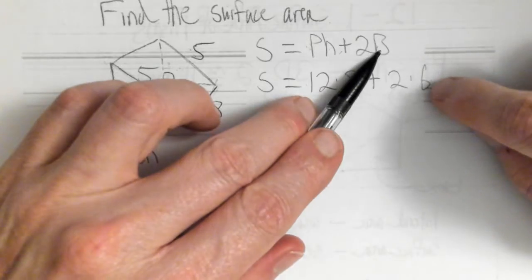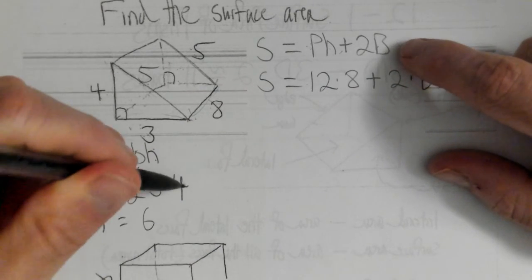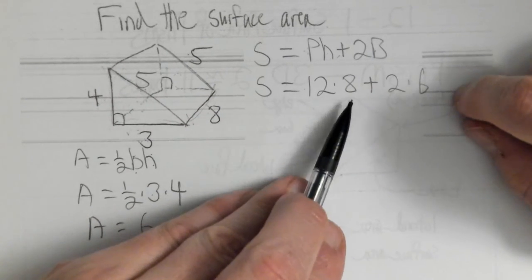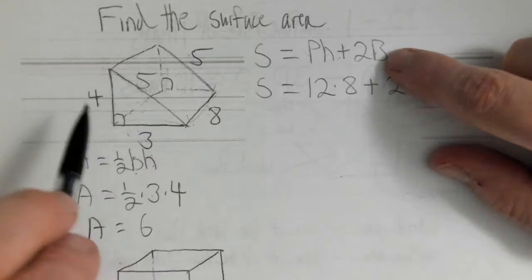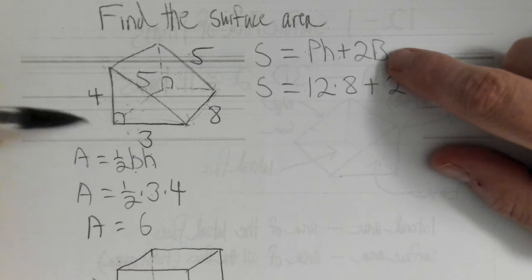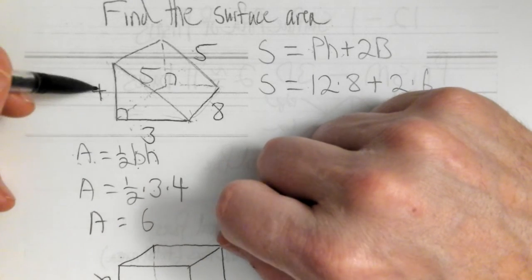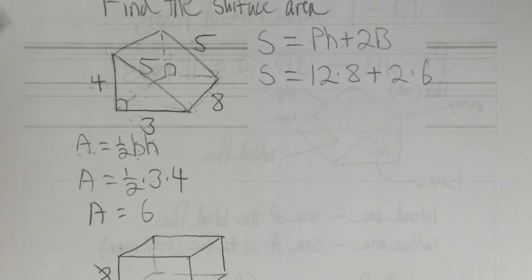The base and height of this triangle is 3 and 4, but the base and height of the prism is 6 and 8. So keep that in mind. This formula, the base and height, is for this formula, which is for the prism. This formula is for the base and height of the triangle, which is here and here. Okay, so make sure you understand that those are two different bases and heights.